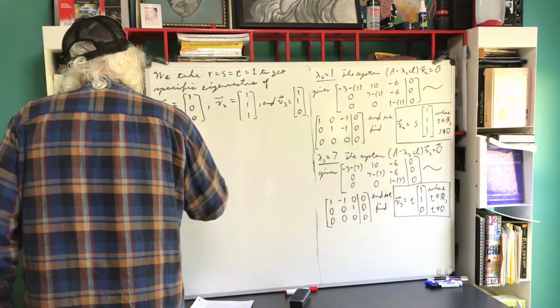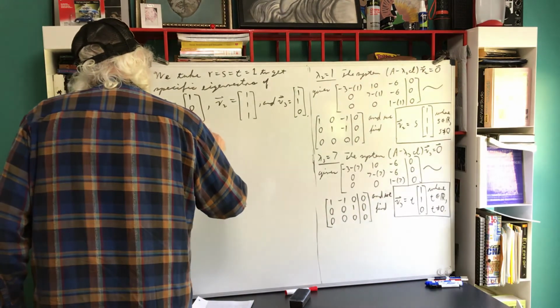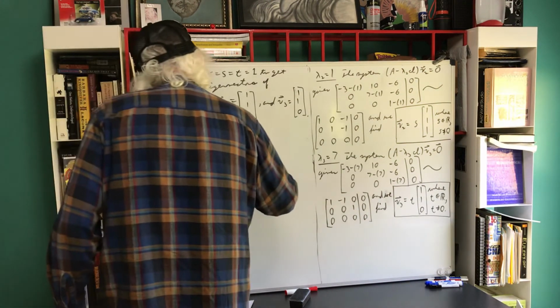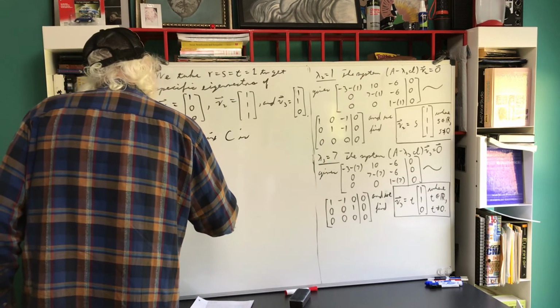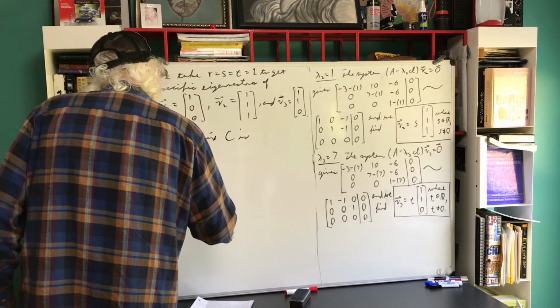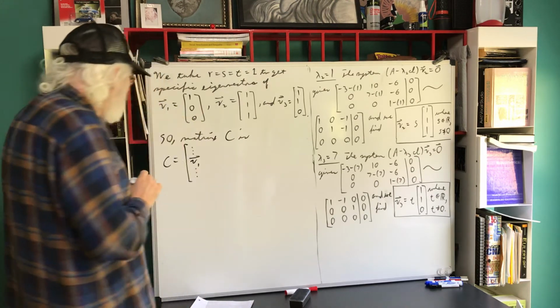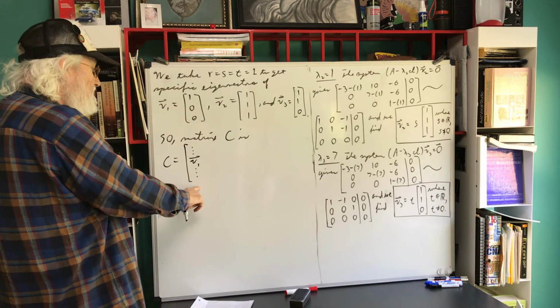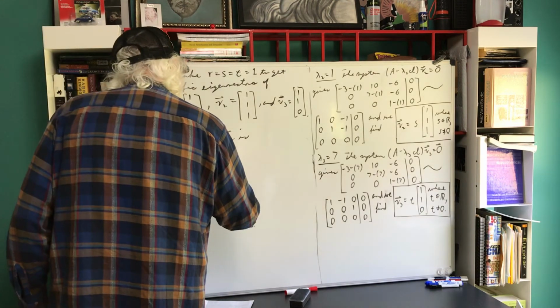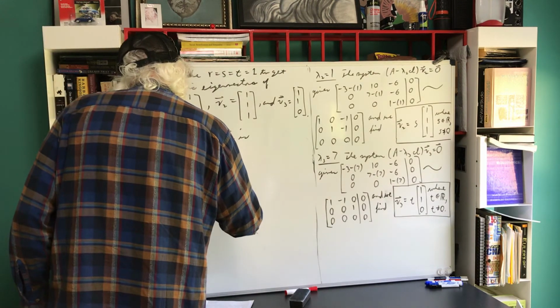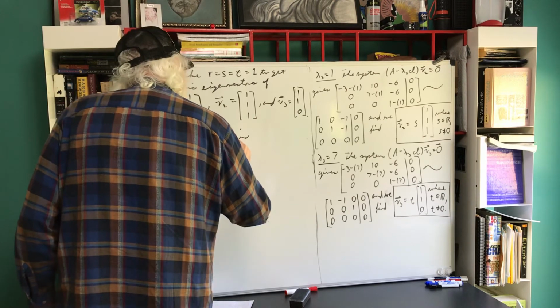So, to choose matrix C, using the notation from Fraleigh and Beauregard, the first column of matrix C is this vector v sub 1. They put the little dots above and below it to indicate it's a column vector. I don't think that's really a universal notation.